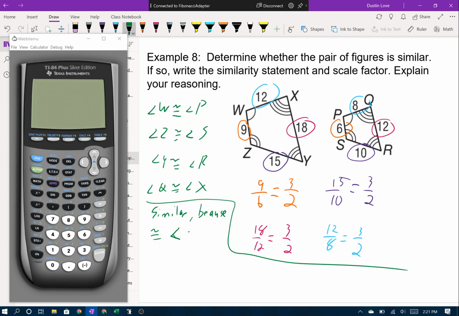Forgot what? No, there's a C there. No, I just added it. Oh, okay. Okay, similar because angles are congruent and sides are proportional. And the scale factor is 3/2.